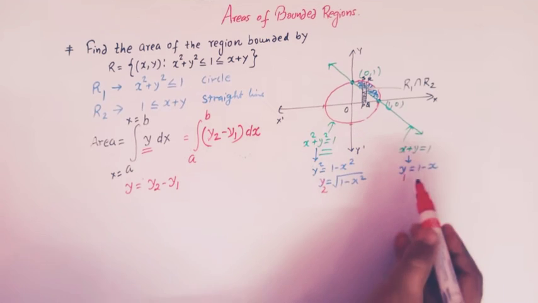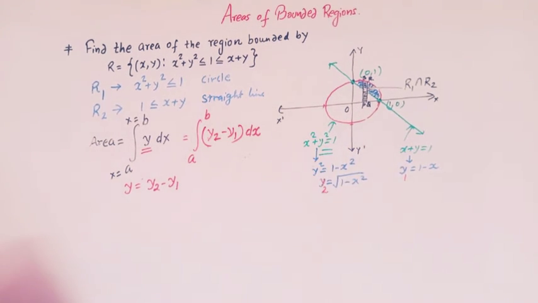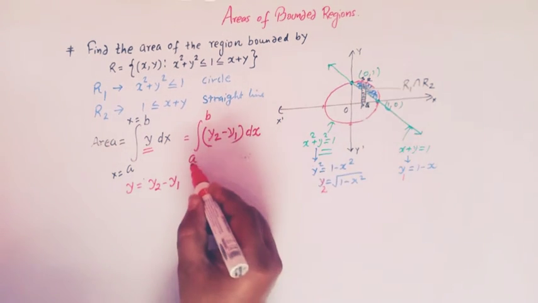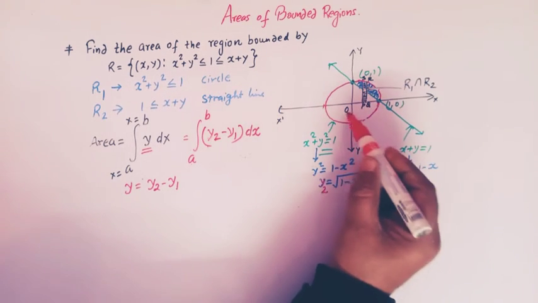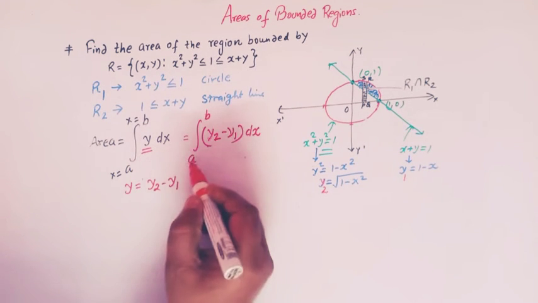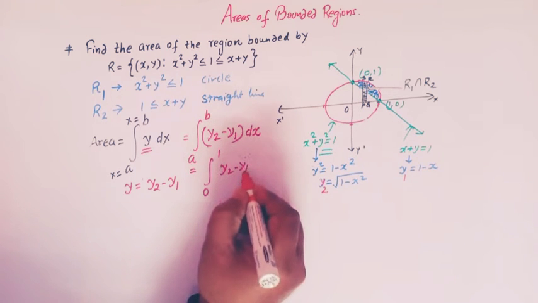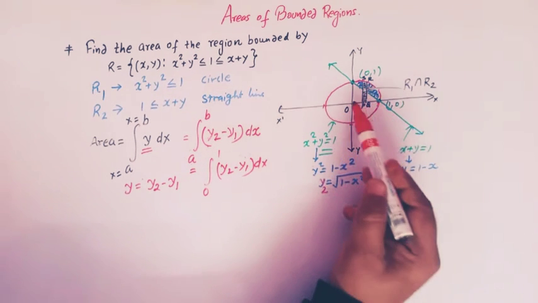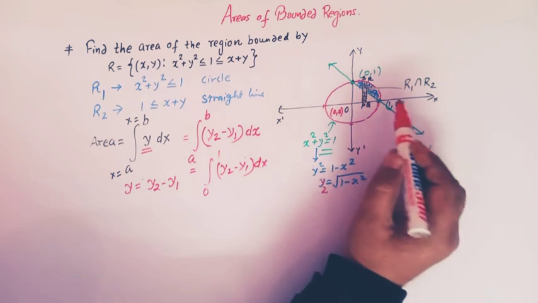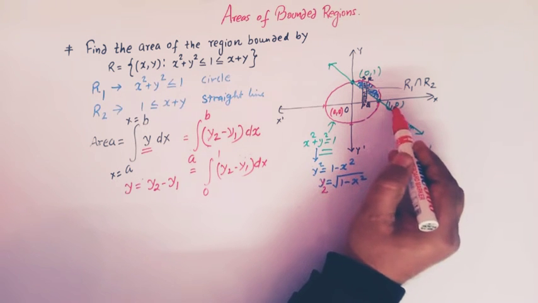And y1 is given by 1 minus x, and y2 is given by square root of 1 minus x square, and a is the lower limit and b is the upper limit, and in this case the limits run from 0 to 1, because the origin has the coordinates 0 comma 0, and the end point here has the coordinates 1 comma 0.